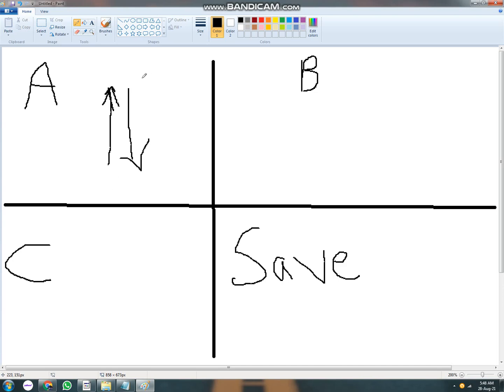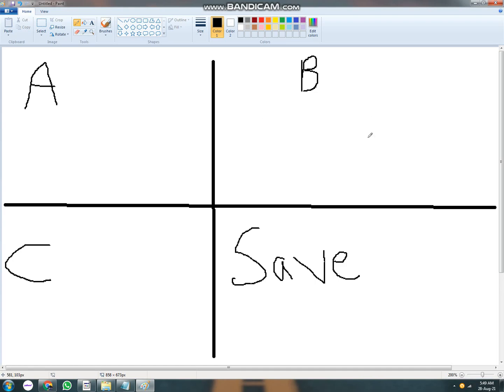But in this method, you can see the chance is 25, 25 and 25%. This one is safer, maybe 33, 33, 33.